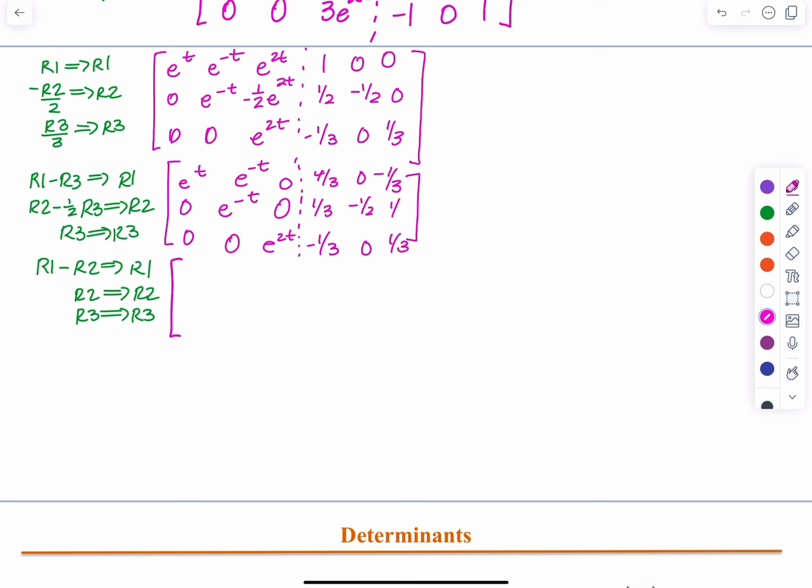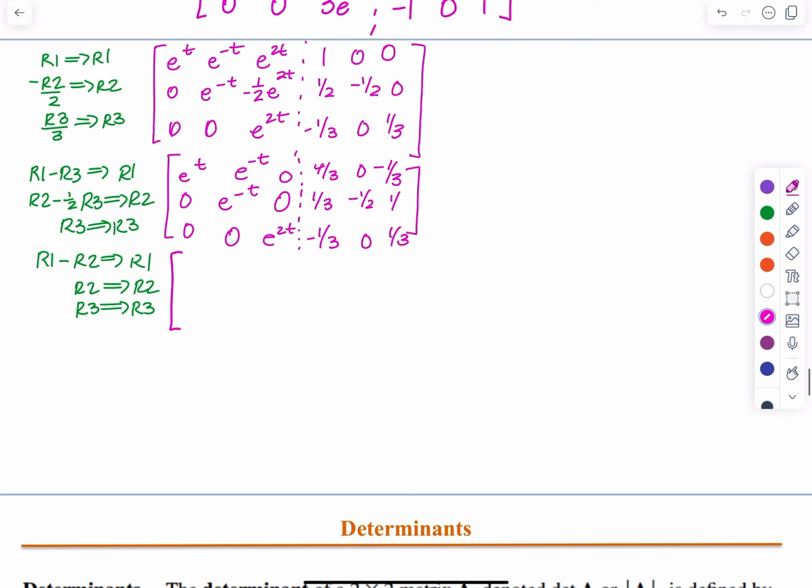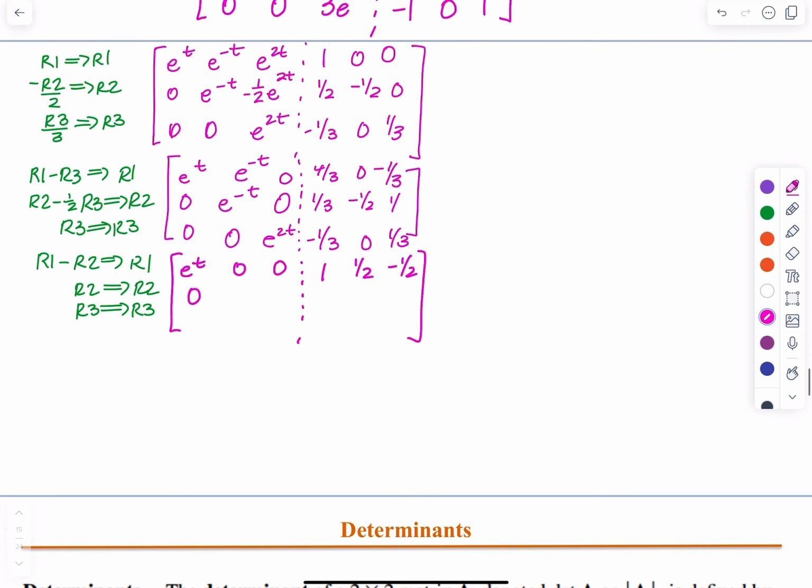Here we'll just copy these rows down. We're going to subtract row 2 from that row, and that's going to be our new row 1. So now we're going to have e to the t, and here now we have our zeros, and you can see we have our 1, 1/2, and -1/2. And now row 2 and 3 are just going to be as they were previously.